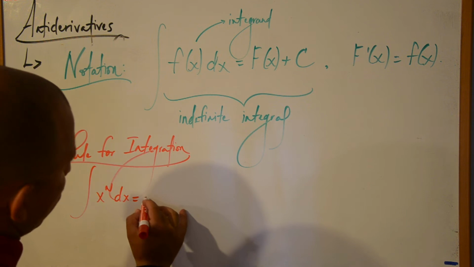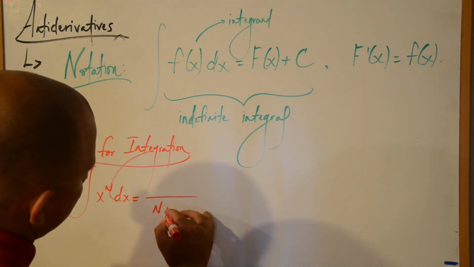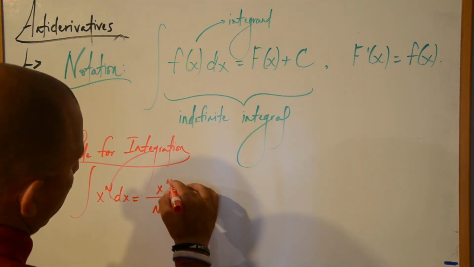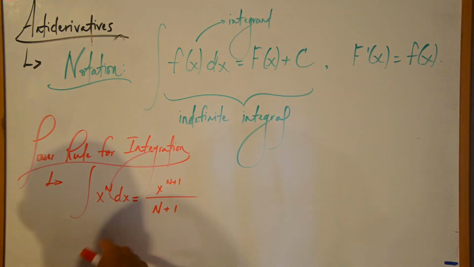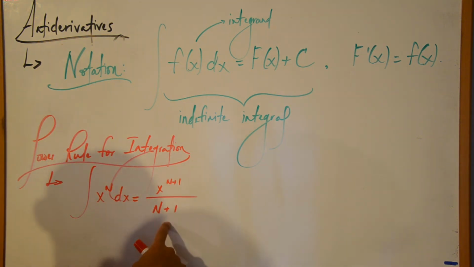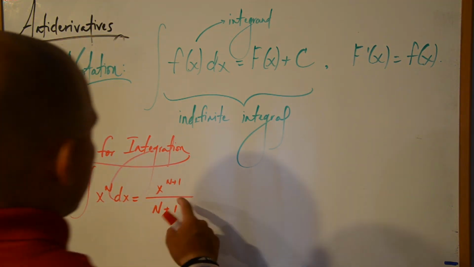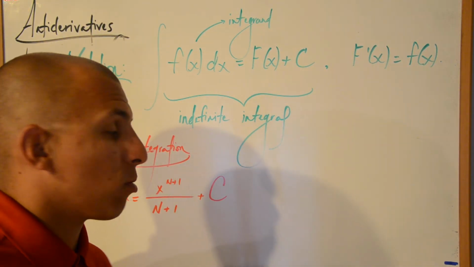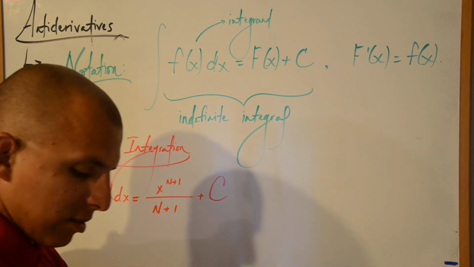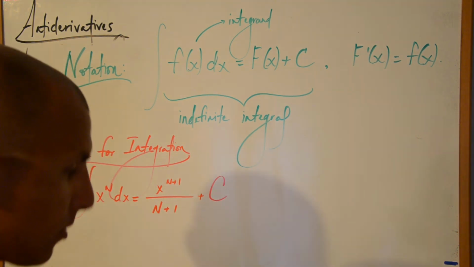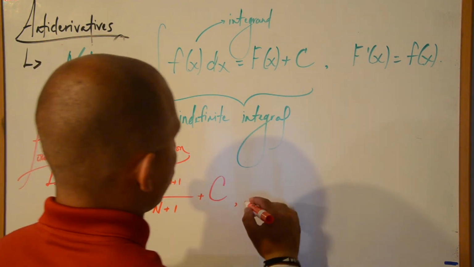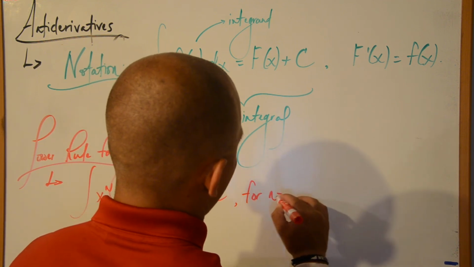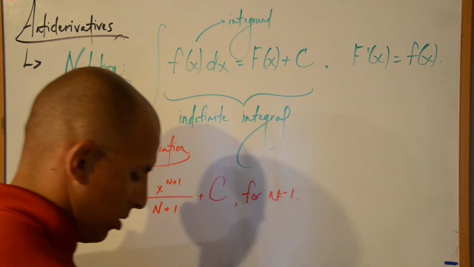Rather than multiply, we're going to divide. Rather than subtract, we're going to add 1. So we're going to add 1 to the exponent, and then divide by whatever that new exponent value is. And don't forget that we need to account for some arbitrary c, because if we take the derivative of a constant, it is 0. Now this theorem holds true for all values of n that are not equal to -1.